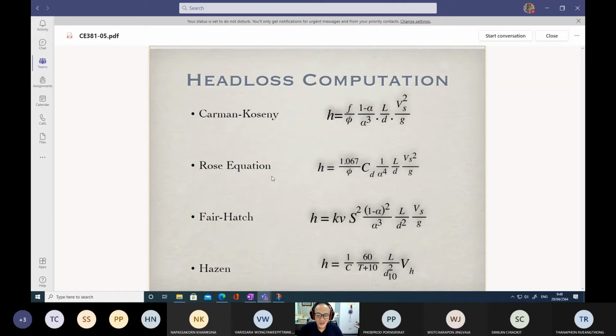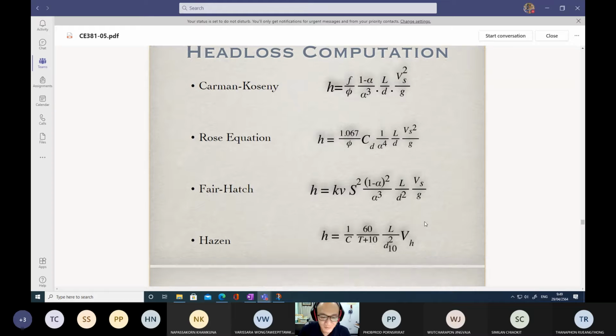Okay, so there are a number of equations you can use. It depends on the parameters you have in hand. Sometimes you want to determine just the coefficient of drag, but you don't want to go for the friction factors. You can use the Rose equations.